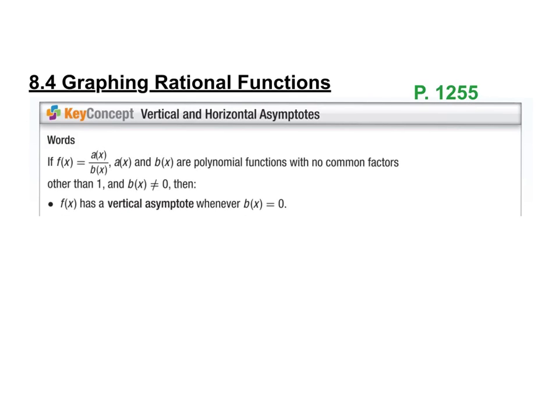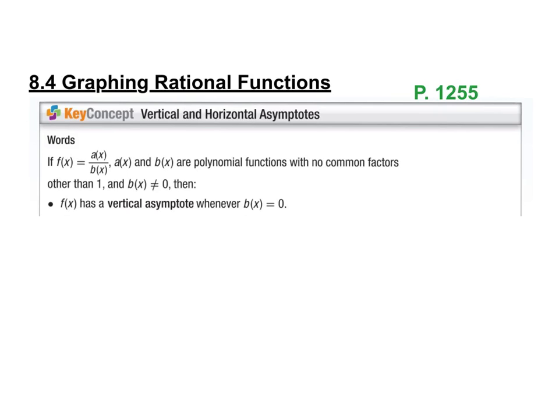And on the back of your quiz, there was one question that had two vertical asymptotes because there were two values for x that made the denominator equal to 0. So that's the key thing. Vertical asymptotes are related to x: what values for x will make the denominator equal to 0. So that's how you can find your vertical asymptotes.